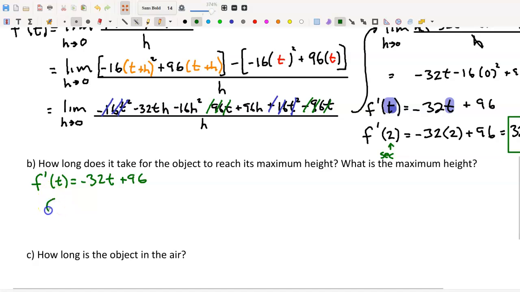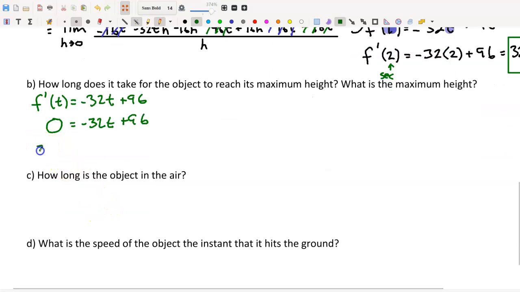So we want to find out when this equals 0, when it's not technically moving for that very brief instant. Notice how we're not plugging 0 into this. That tells us how fast it's moving at 0. The answer needs to be the time, because it's saying how long does it take. So we're looking for time as your answer.